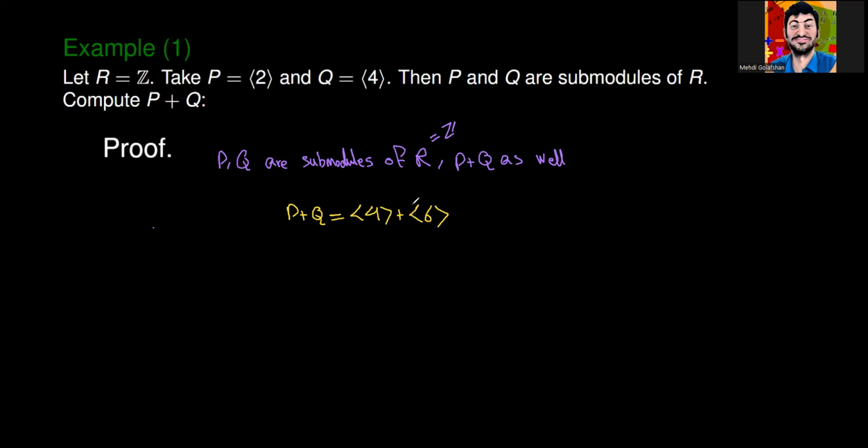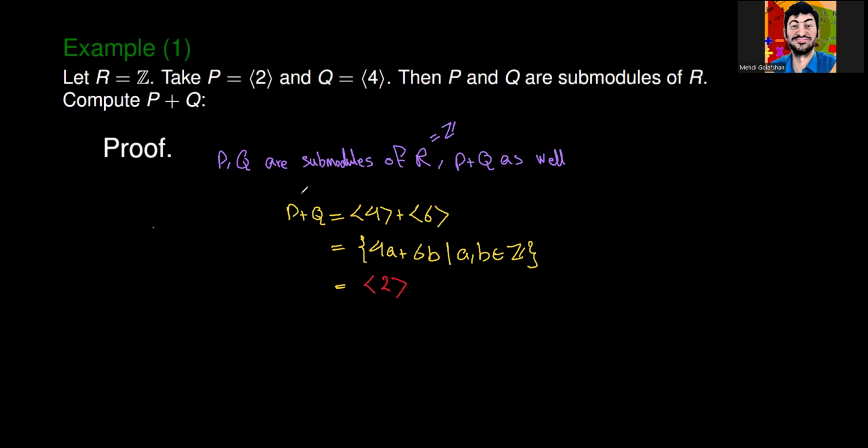This is basically 4 times A plus 6 times B, where A and B come from all of the integers. But what is this set? This is simply the ideal generated by 2. That's it.